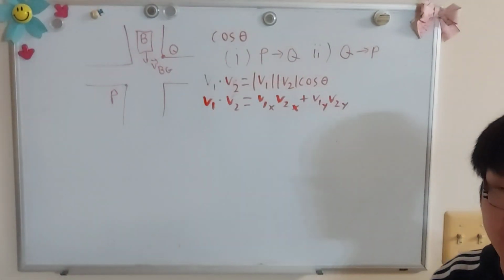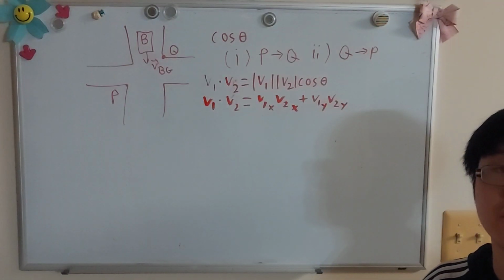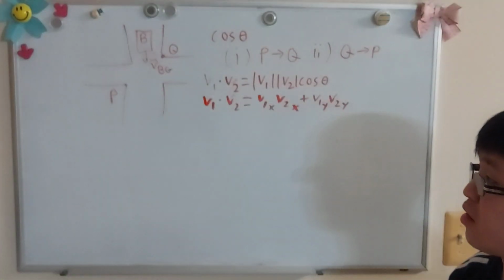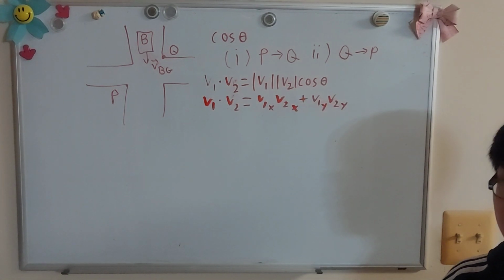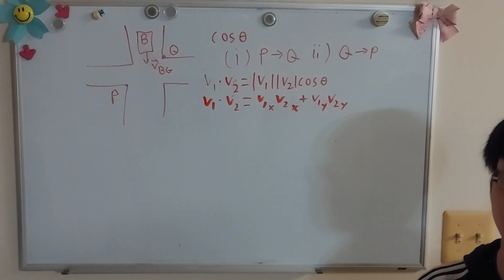Now that we know all the pieces of this puzzle, all we have to do is solve for the parts of the puzzle so that the cosine of the angle between these two vectors is the only thing that's unknown.